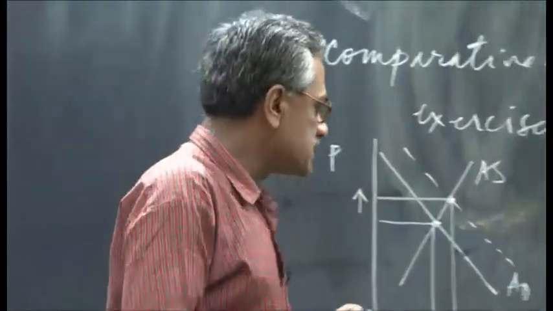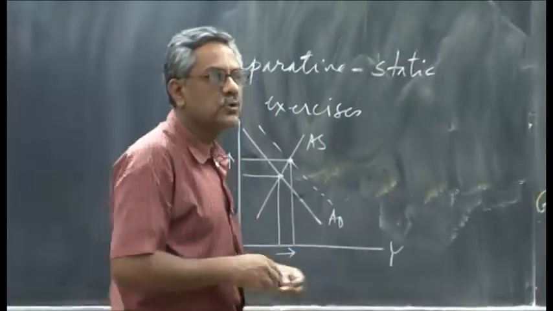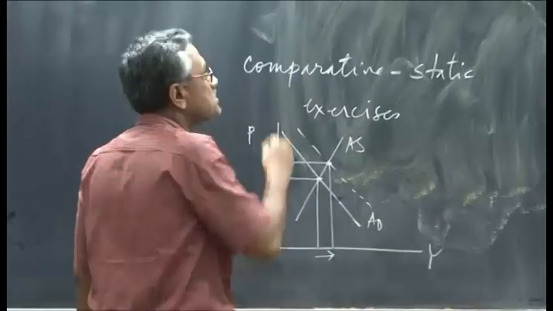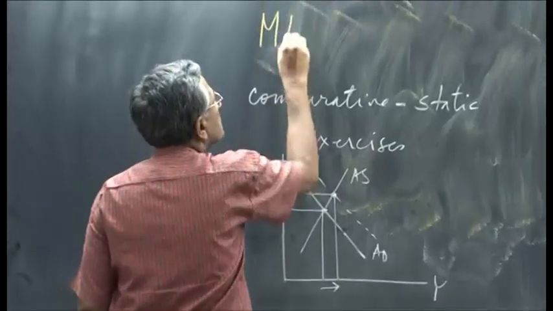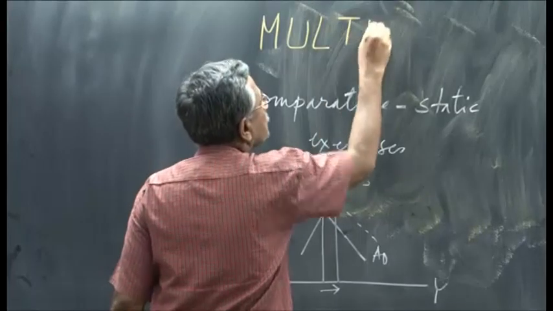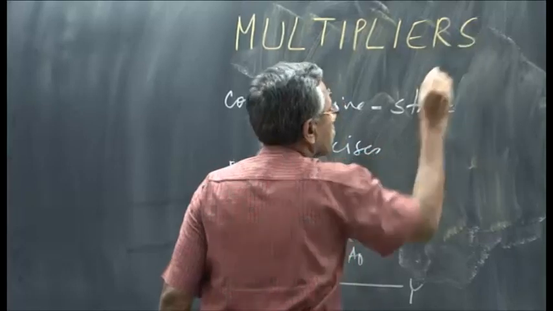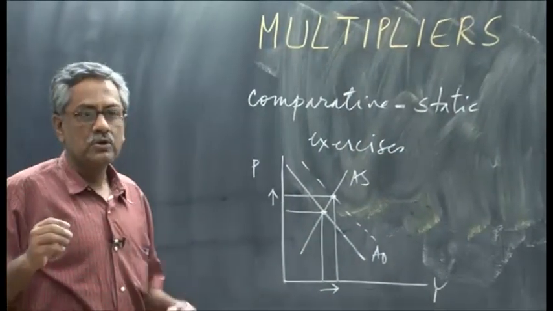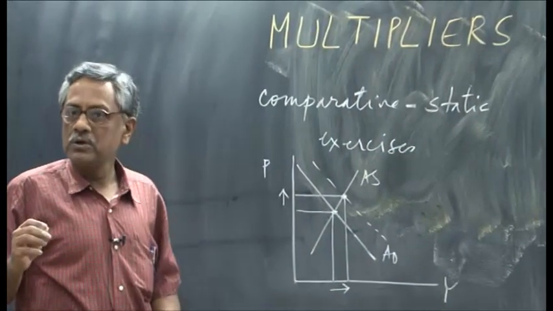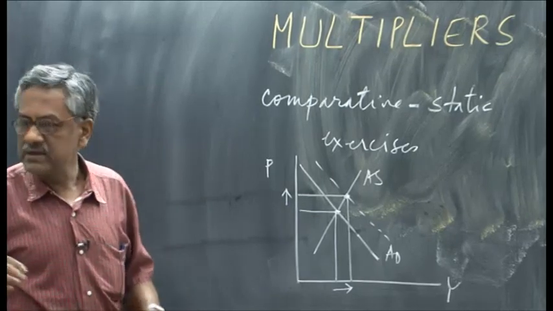Particularly endogenous variables. These comparative static exercises are often referred to in textbooks and are described in terms of something called multipliers. I will explain why they are called multipliers.